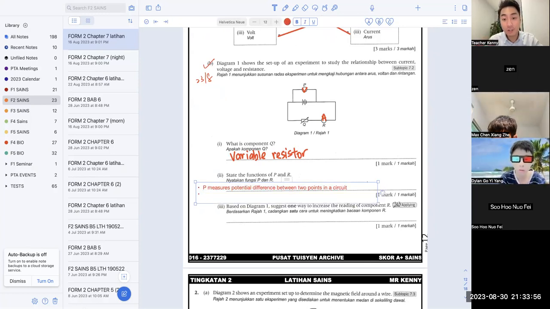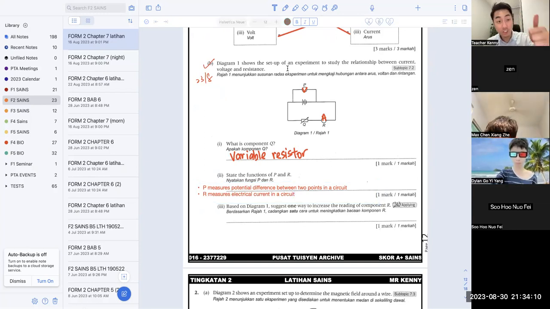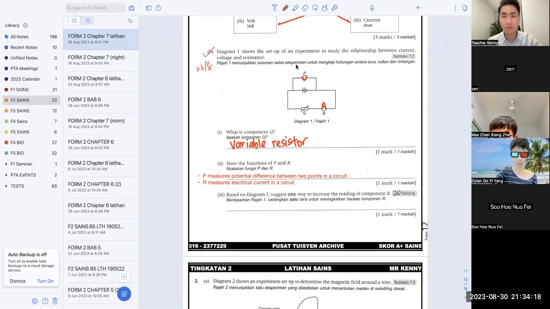How about R? R measures electrical current in a circuit. So I'm looking for the answers potential difference, and measure electric current. You put electric current, no problem. In other words, it is voltage.